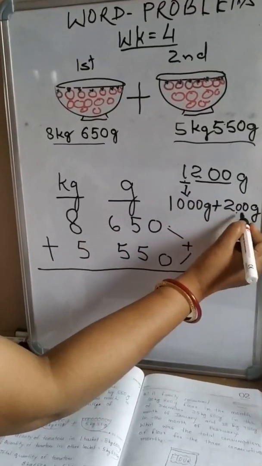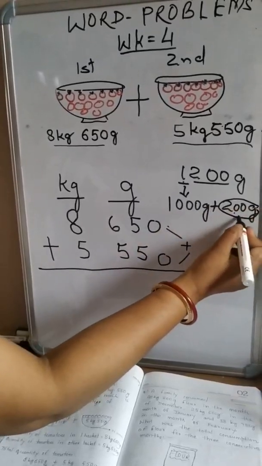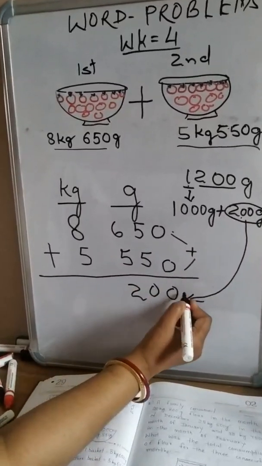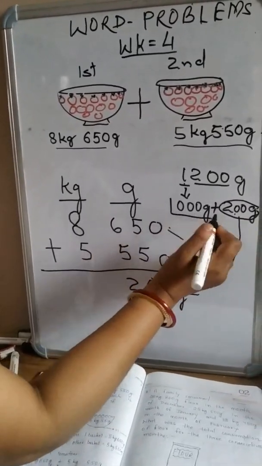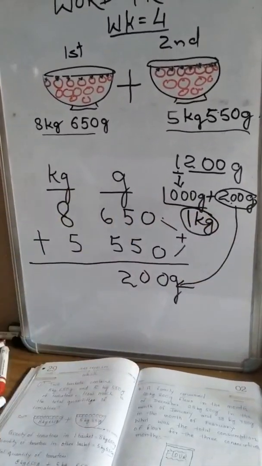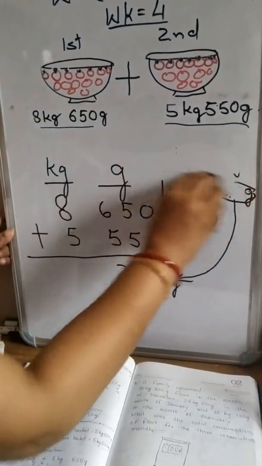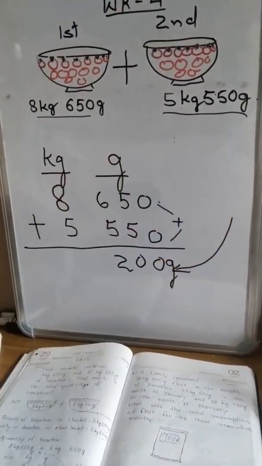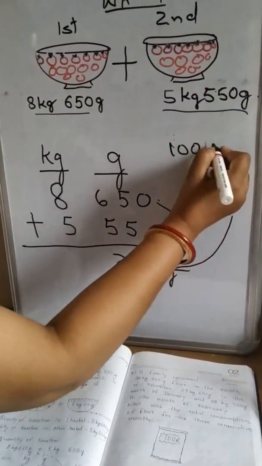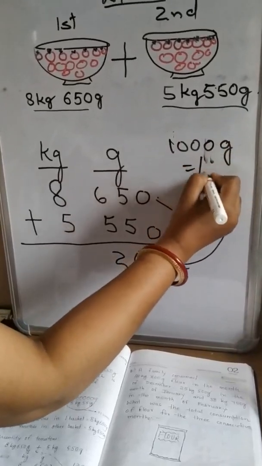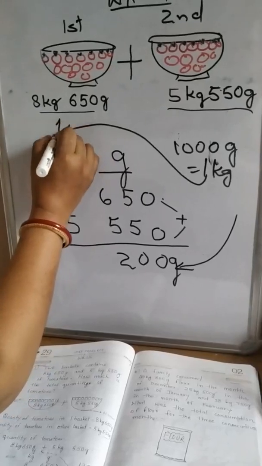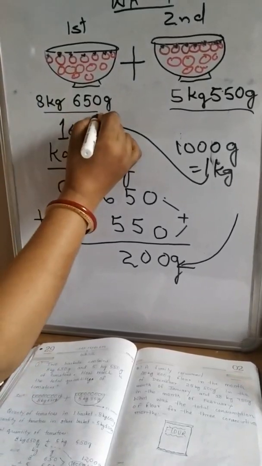This 200 grams will stay in the gram column. Now what about this 1000 gram? We all know that 1000 gram is equal to 1 kilogram, right? And this 1 kilogram goes as a carry over in the kilogram section.